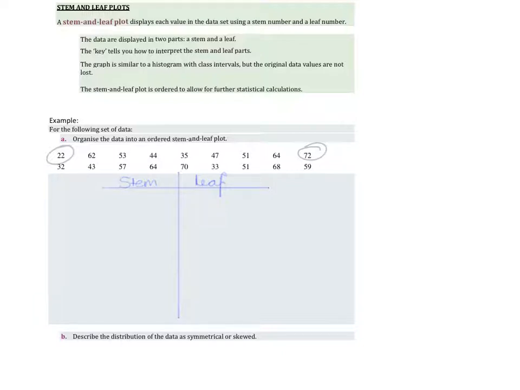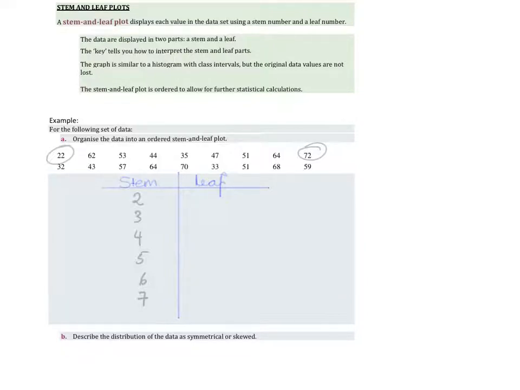So what we know, therefore, is that stems go from 2 through to 7 because it is the first part of the two-digit number. So 2, 3, 4, 5, 6, and 7. Okay, we must include every number. We can't leave out something even if it doesn't have a value in the original data.